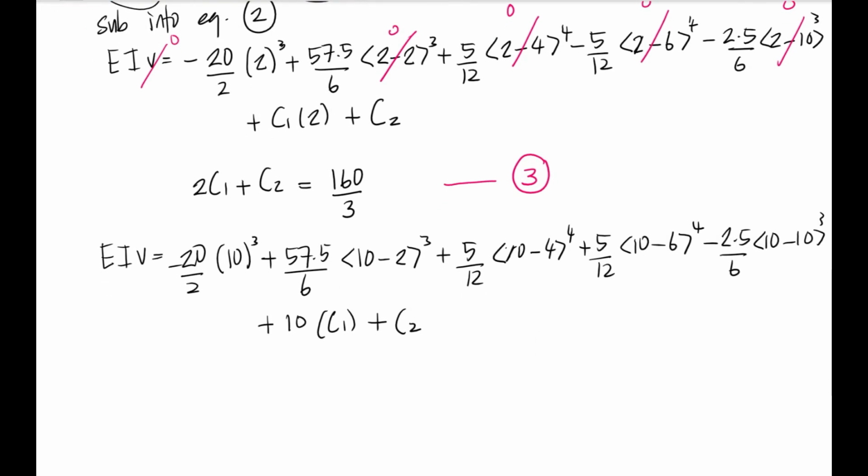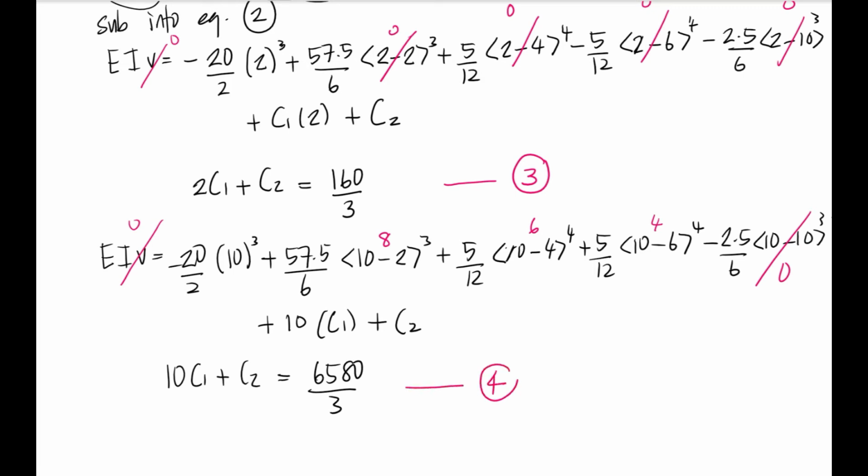Okay, so this is a 0. So you know that this is a 0. So this is a 4. This is a 6. And this is a 8. So when you calculate, you will get 50 divided by 3. So you have another equation.